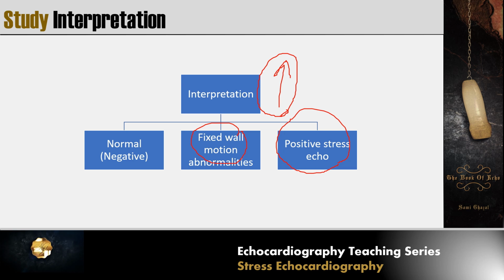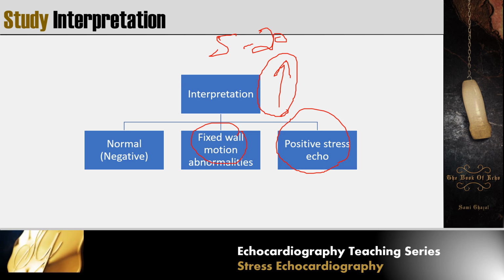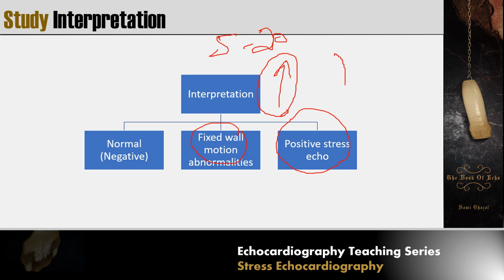We define low dose from 5 to 20 mcg per kg per minute. And then at a higher dose, there is a drop in wall motion. So we call this the biphasic response, and we consider it positive for ischemia with dobutamine.